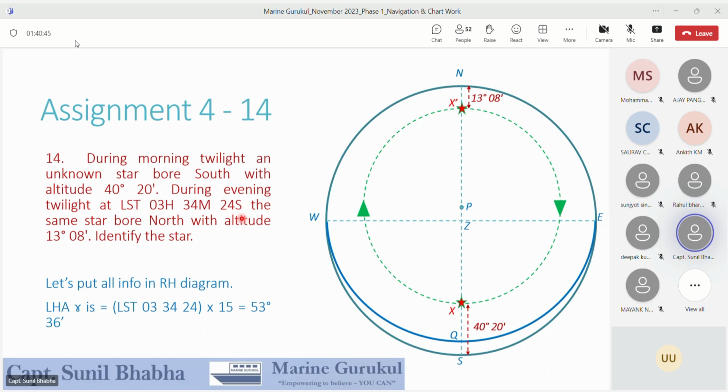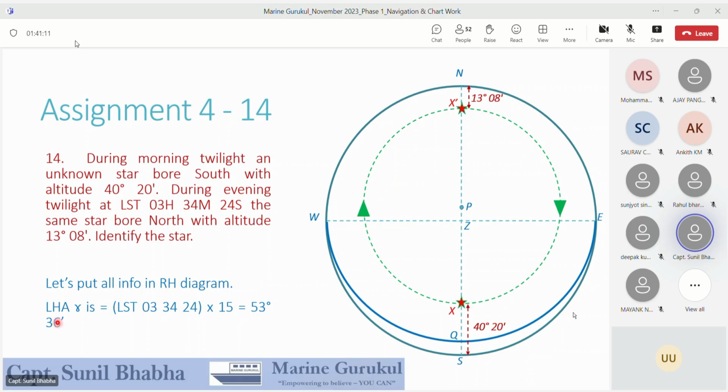As I told you, we can easily convert it into angular units by multiplying by 15. So we multiply this LST 3:34:24 by 15 and we get a value of 53 degrees 36 minutes. So this 53 degrees 36 minutes is the westerly R angle of Aries measured from the observer's meridian.